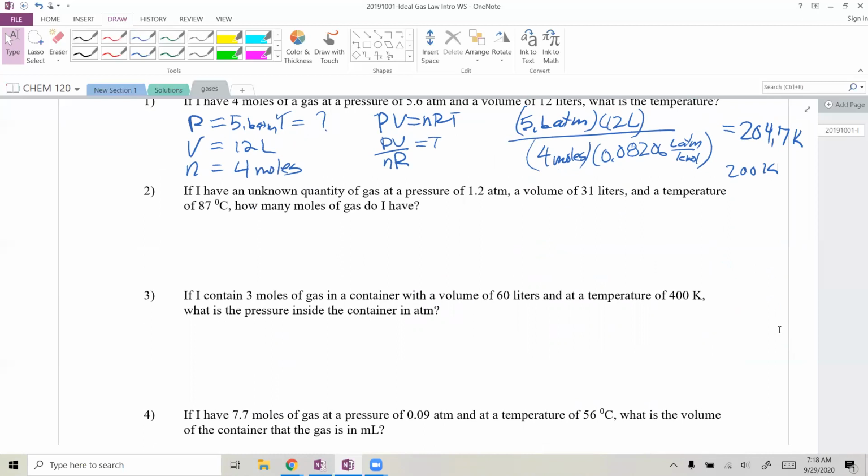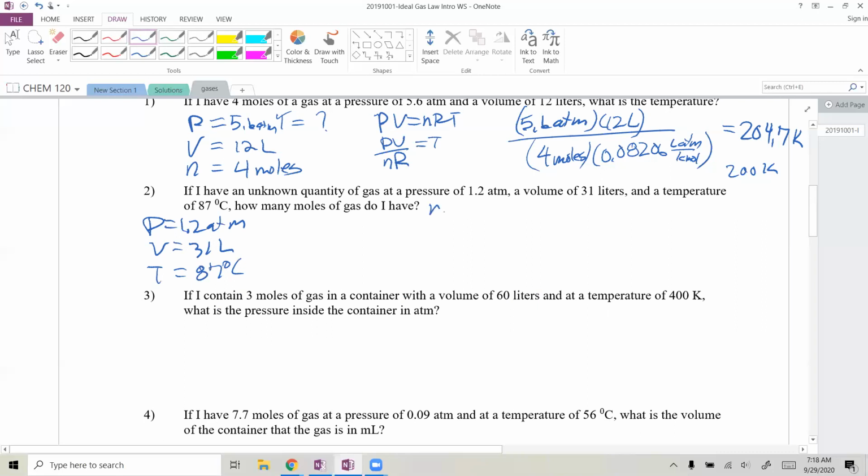And so let's look at question number 2. If I have an unknown quantity of gas at a pressure of 1.2 atmospheres, a volume of 31 liters, and a temperature of 87 degrees Celsius, how many moles of gas do I have? So I'm looking for my n.